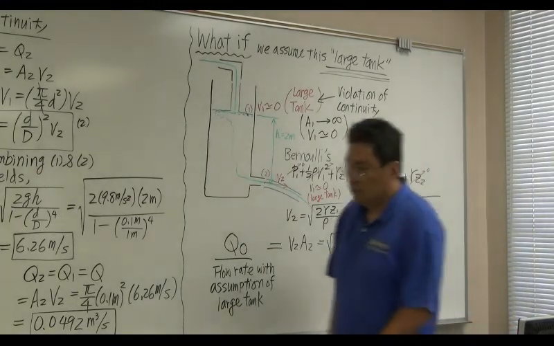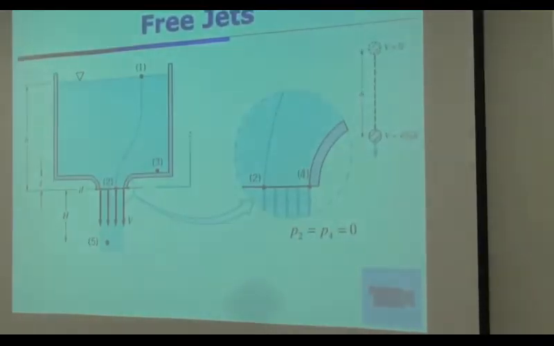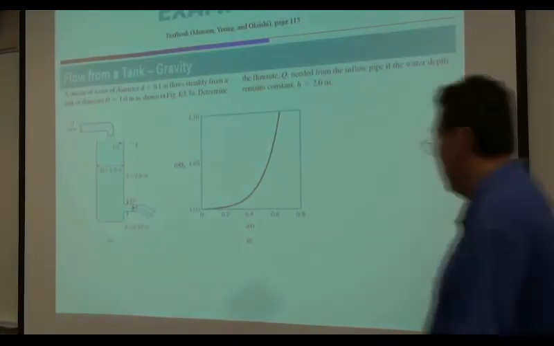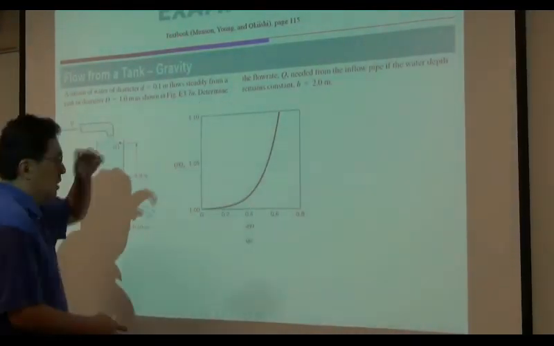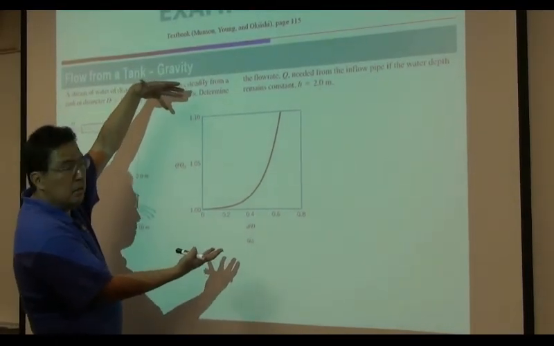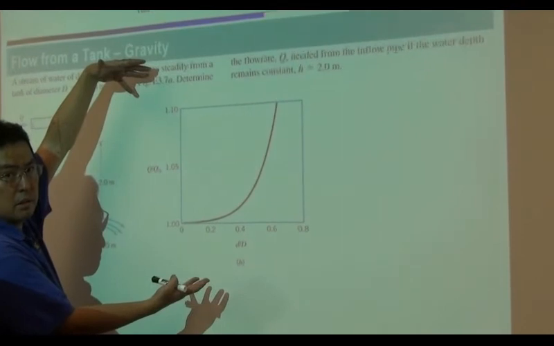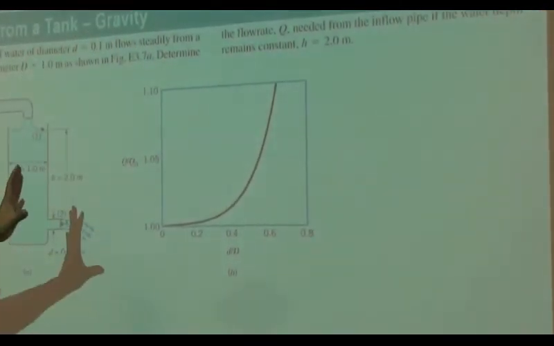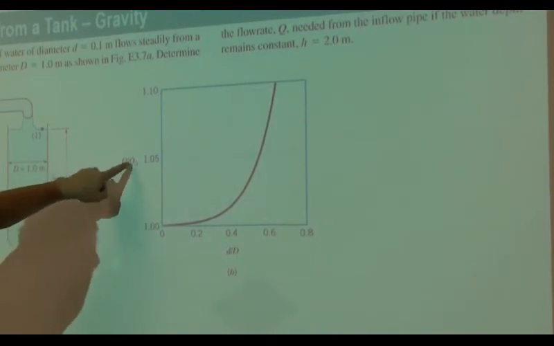Okay? So let's go back all the way to here. Let's try to zoom in a little bit. Let's take a look at a little bit more detail. Okay? All right. So this is the plot, Q over Q0.